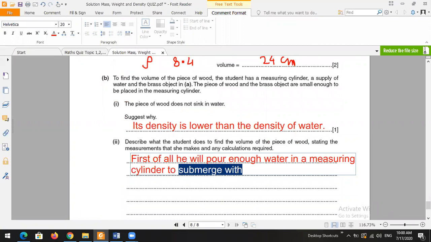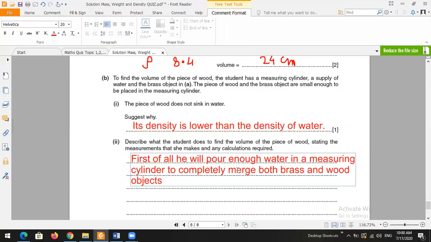Enough water to completely submerge both brass and wood objects, clear? Then note the volume of water alone, that is V1.